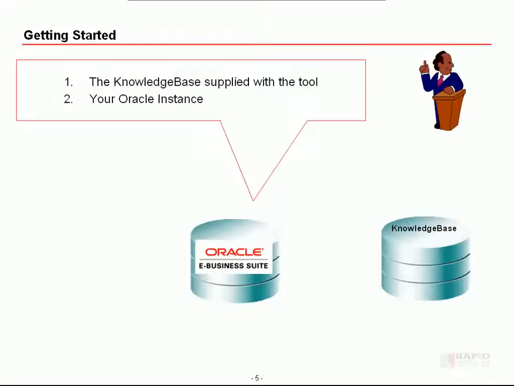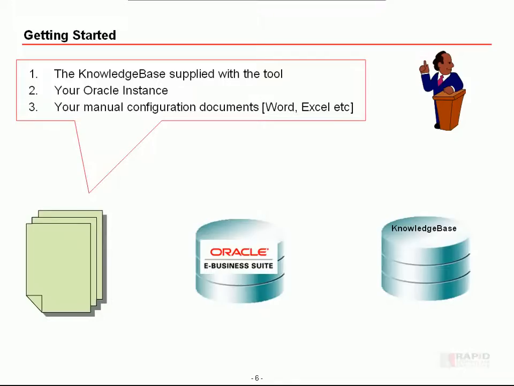You can use the reverse product to extract them from an Oracle instance. Or number three, there can be manual configuration documents. You may have a set of configuration sheets or a Word BR100 from previous projects, and there can be ways by which that can be uploaded into the tool.